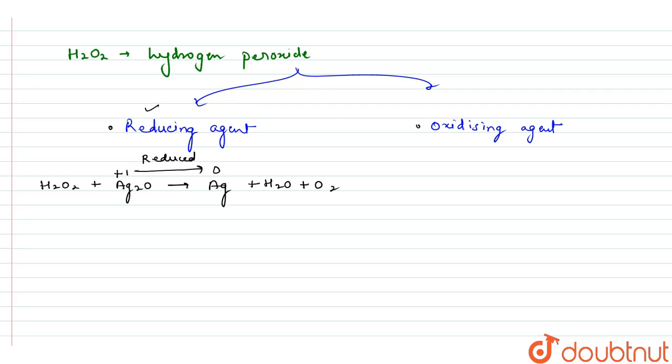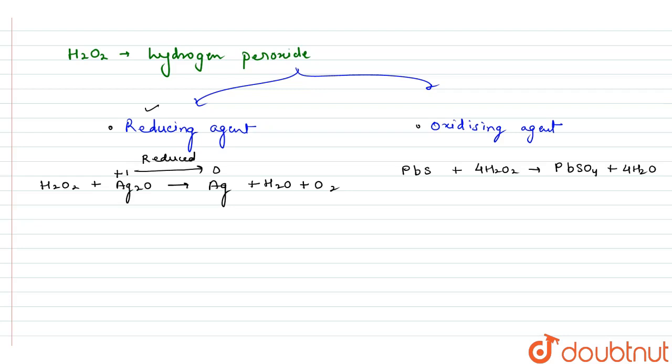And as an oxidizing agent, when it reacts with lead sulfide, it gives lead sulfate, PbSO4, plus 4H2O. We can see the addition of oxygen occurring on lead sulfide as it becomes lead sulfate. So it acts as an oxidizing agent.